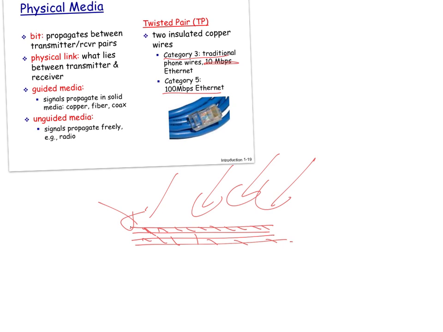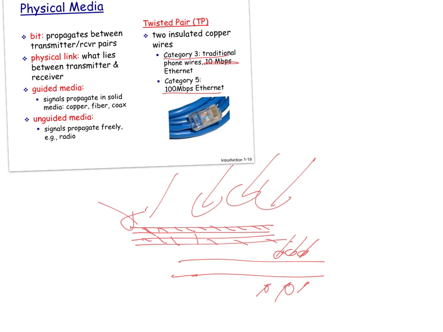It's related to something about the magnetic field. What happens is that if you don't do the twisting, you use the wires horizontal and parallel like this, right? So chances are the amount of interference from the other wires here will be different from here. You don't want the interference to be uneven.